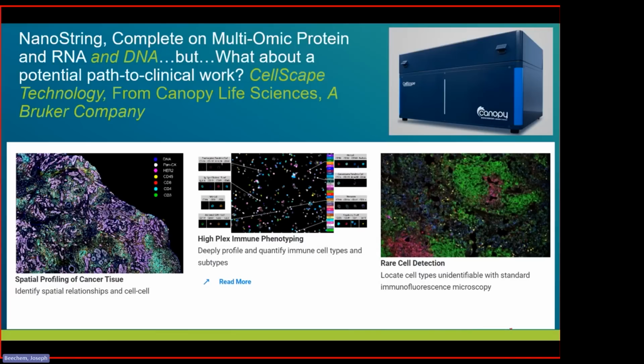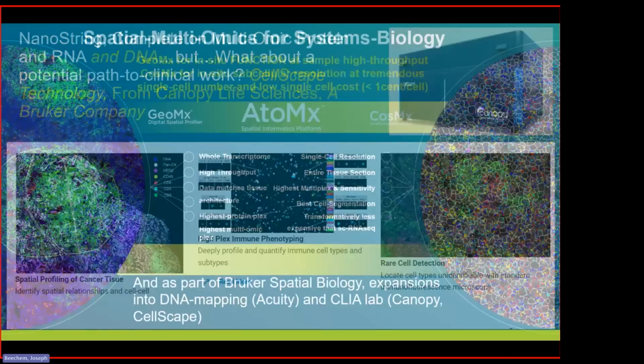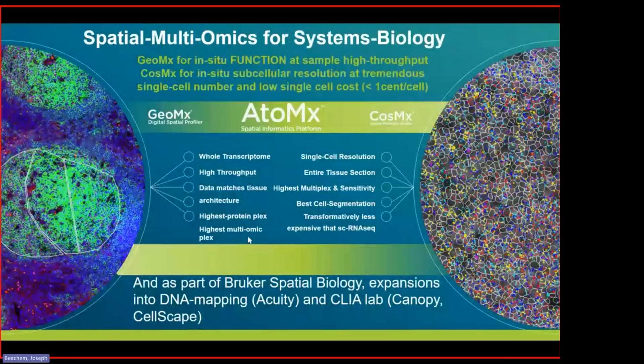So I think the CellScape is going to be a really great way where we can take these discoveries we make in CosMx and GeoMx and nCounter or whatever, and we can actually turn those into high resolution clinical style assays using the CellScape platform. Again, all inside Bruker spatial biology. These are all platforms that all work together.